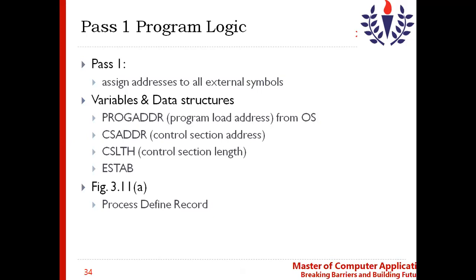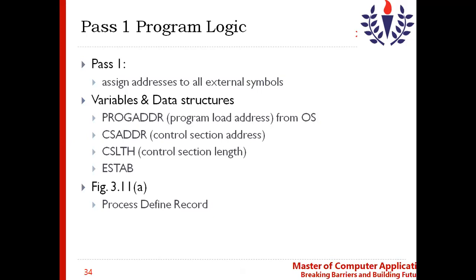When there is an EXTDEF and EXTREF, corresponding to this there would be a define record and a refer record in the object program. So the object program contains not only the header, text and end records, and sometimes the modification record, but it might also have the define record and refer record if there is a symbol which is defined, or a symbol which is used, which is referred.